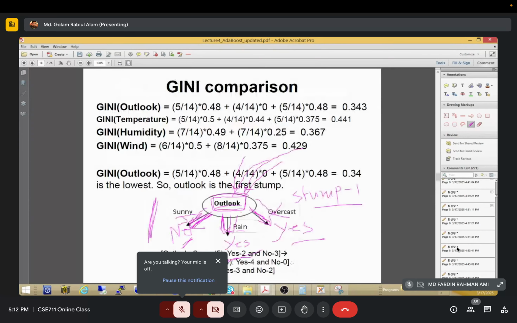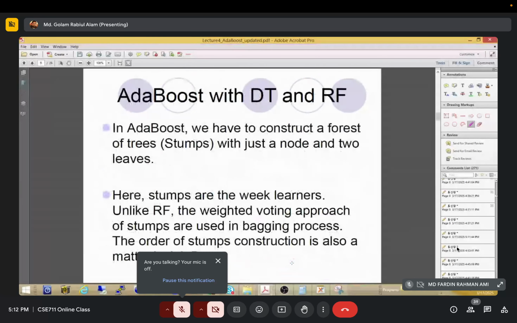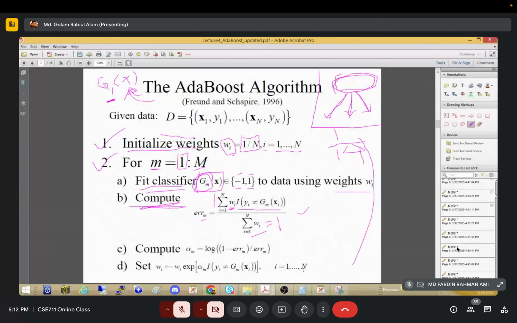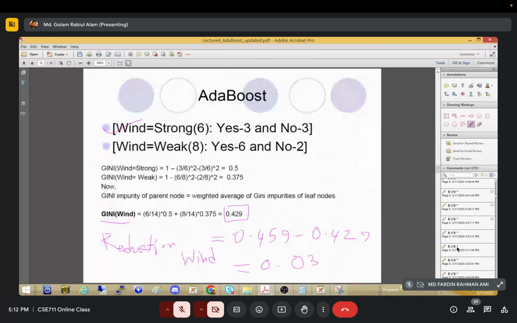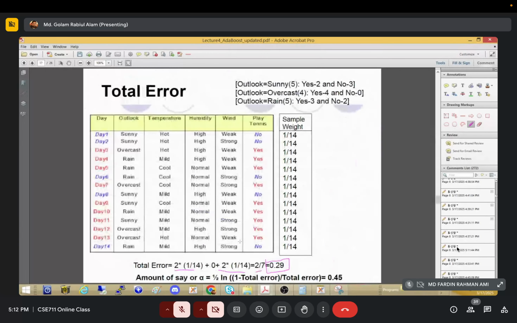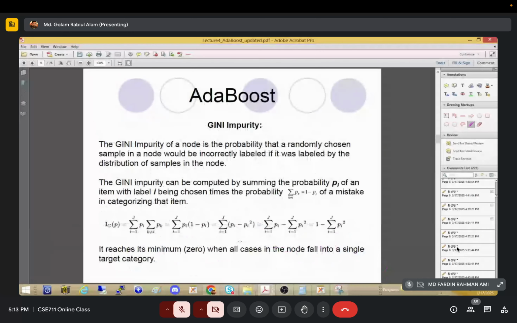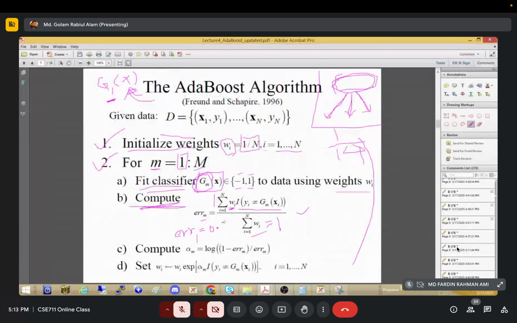That means according to our algorithm, here error of 1 will be 0.29. Okay, this will be the error.